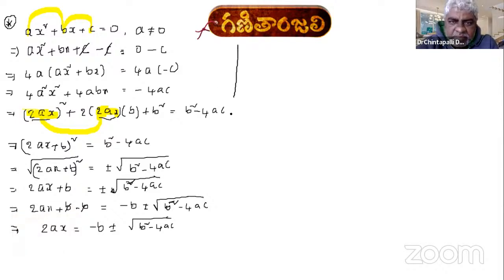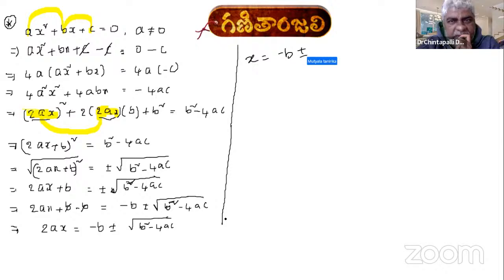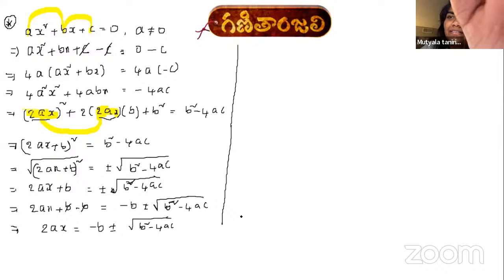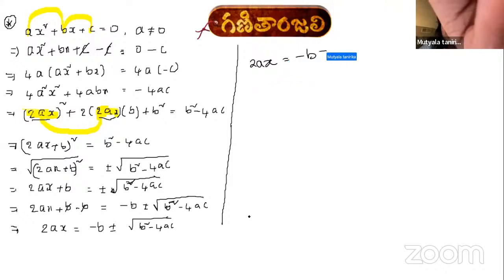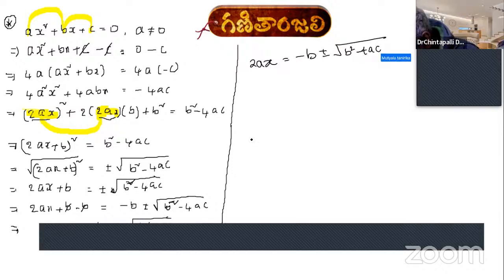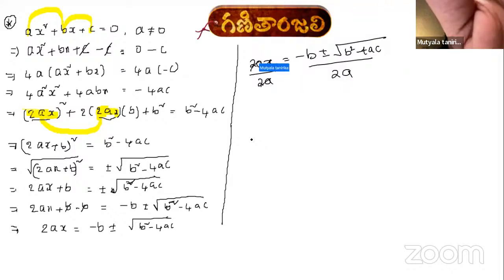Can you write the last step on the screen? Yes. So it's x equals minus b. You are writing directly. Use the original concept. 2ax is equal to minus b plus or minus the square root of b square minus 4ac, and divide both sides by 2a. 2a gets cancelled.